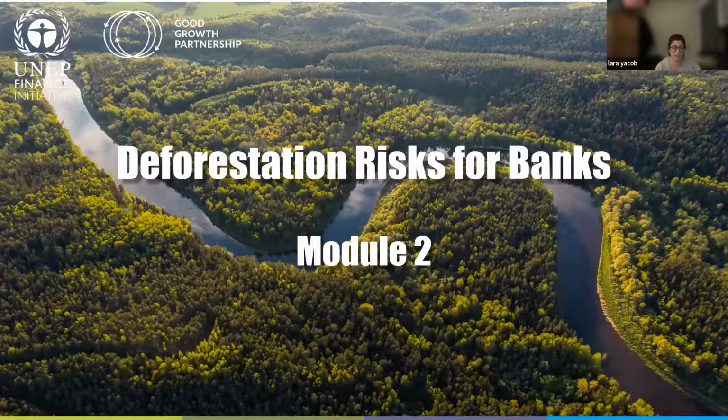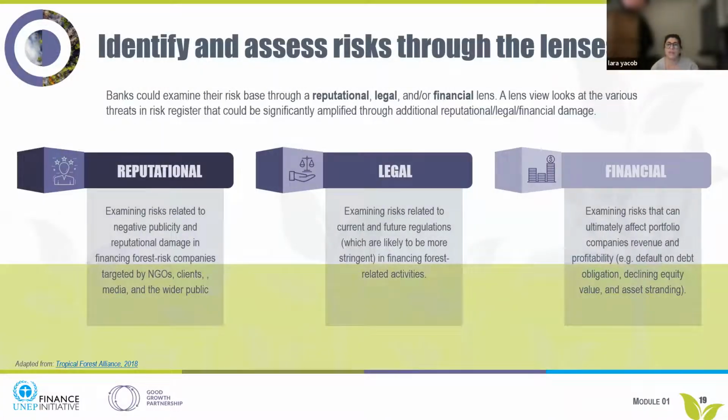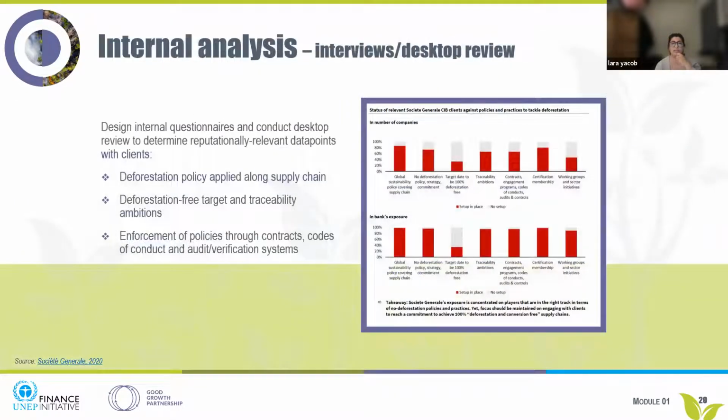And next slide. I think we can skip over those. Yes, perfect. Thank you. And those commitments ultimately will then translate into a policy or a strategy for a bank when they need to think of, how am I responding to legal risk?